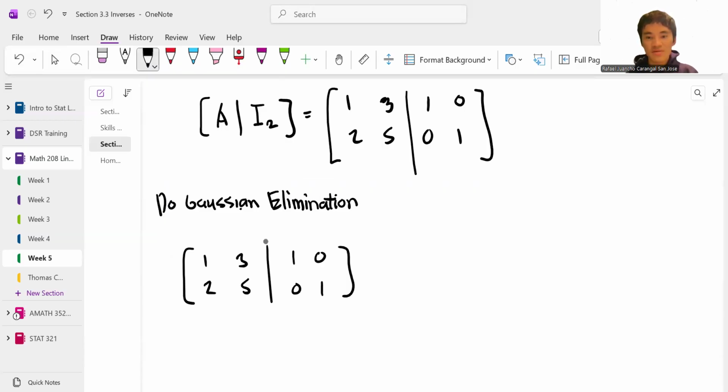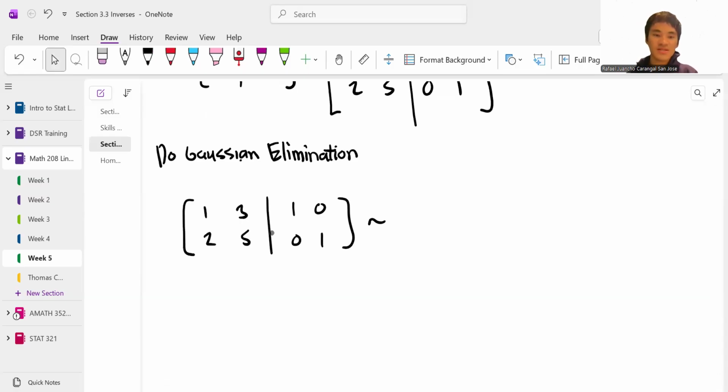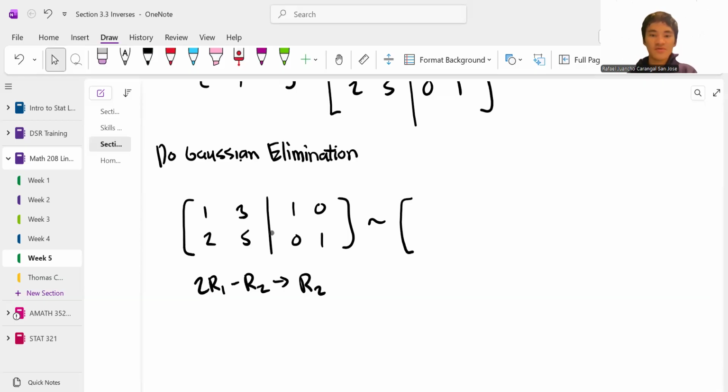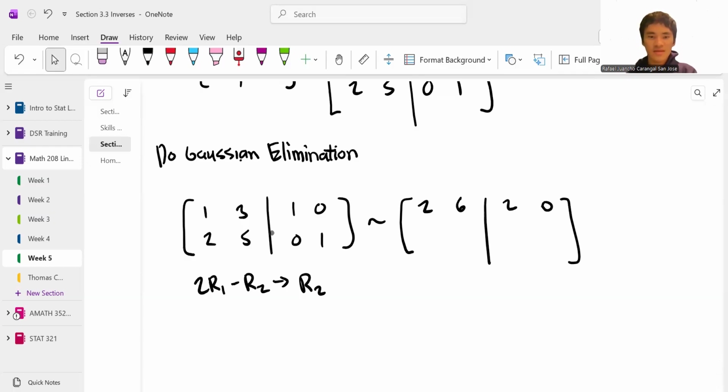There has to be a way to turn this into an identity. So the first thing I would do is try to make this thing a 0. I would multiply row 1 by 2, subtract it from row 2, and put that in row 2. So the idea is I'm going to first try to convert this augmented matrix to echelon form, and we'll see from there where this goes.